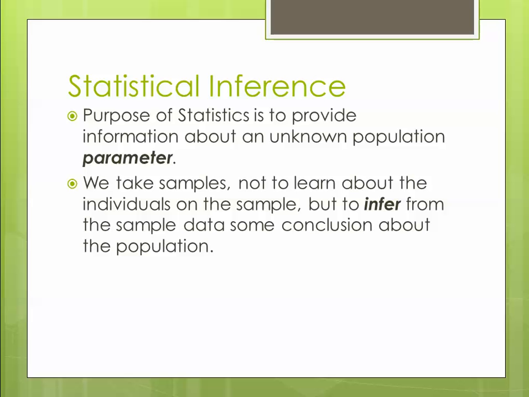But we do that so that we can infer from the sample data about the population itself. So inference is taking information from sample data, statistics from the sample data, and saying something about parameters in the population.